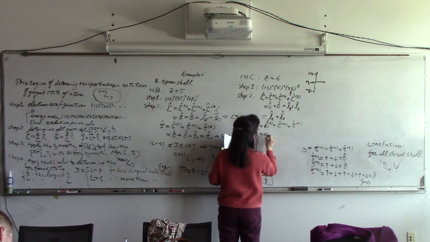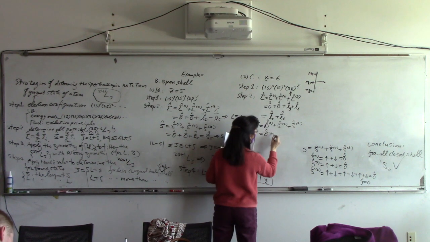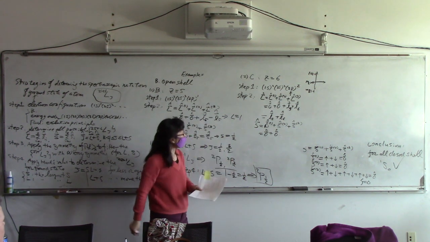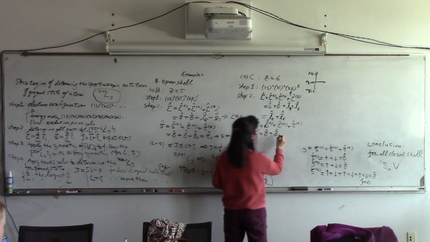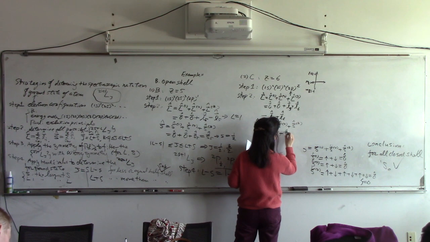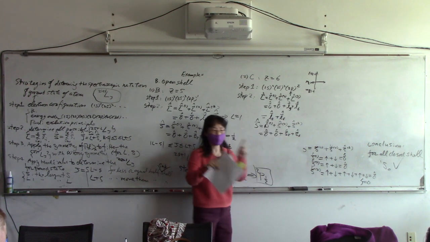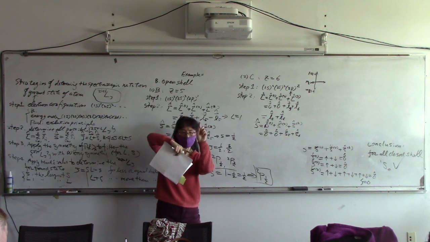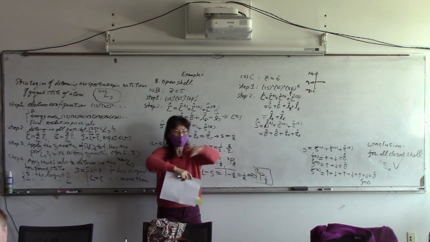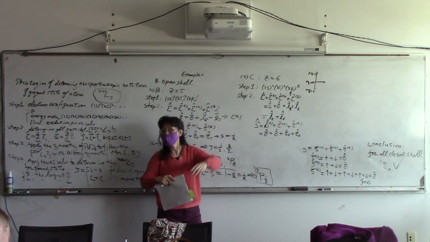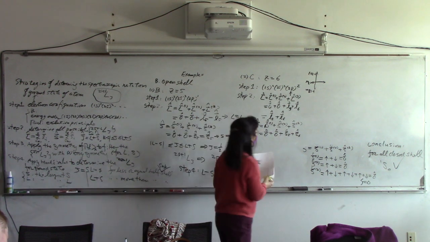Again, that is 0 because they are fully occupied, up and down, according to the Pauli exclusion principle. The third subshell will have S5 plus S6. Maybe they are the same, or one up and one down. There are 6 states possible for these 2 electrons, right?